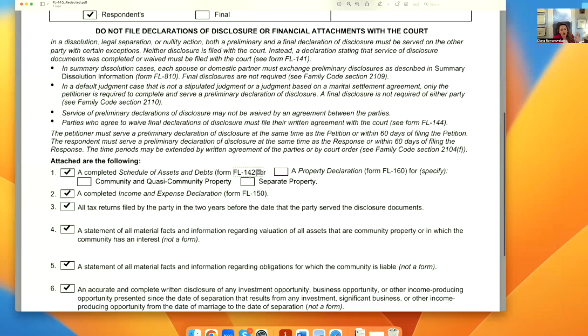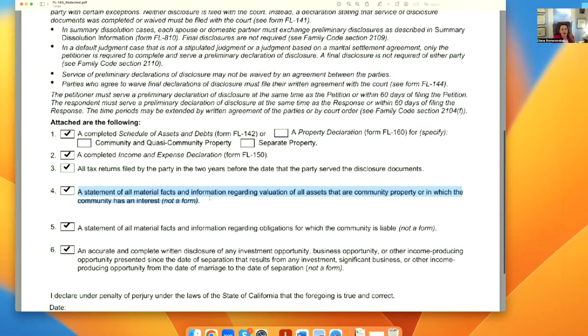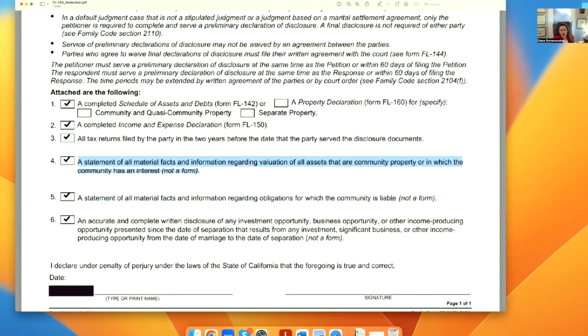So it's like a cover page of what's completed: income and expense declaration, assets and debt declaration, all tax returns for 2 years. If you have any appraisals regarding valuation of assets, and all material facts regarding obligations for which the community is liable, not a form. Actually I never have this. I'm checking it because it's part of the FL 142, for example credit cards, usually.